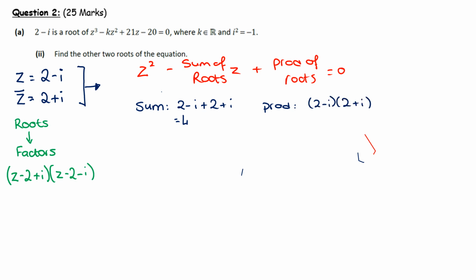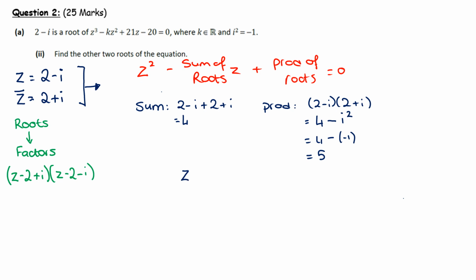Now we have a difference of 2 squares answer here, so we can work backwards from that shortcut and simply square the first minus square the last. Now just be careful, that's minus minus 1, which is a plus, so that gives us 5.